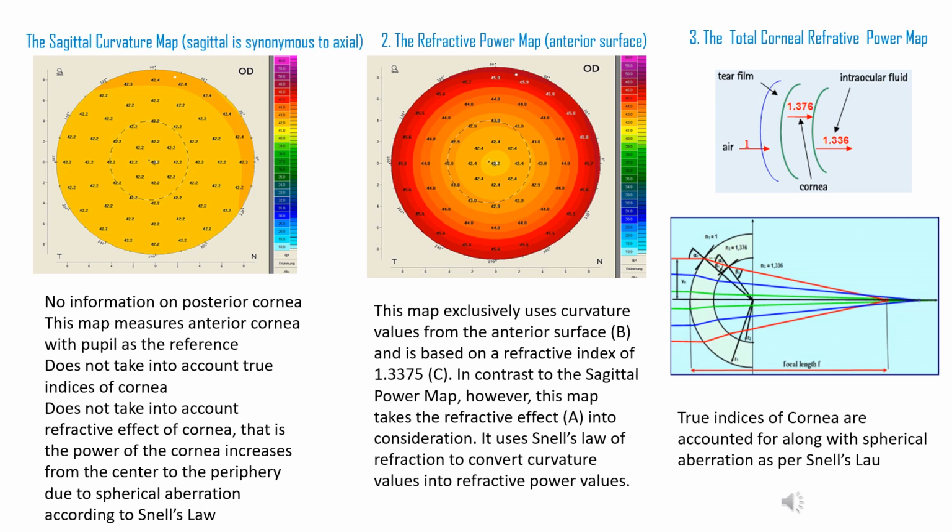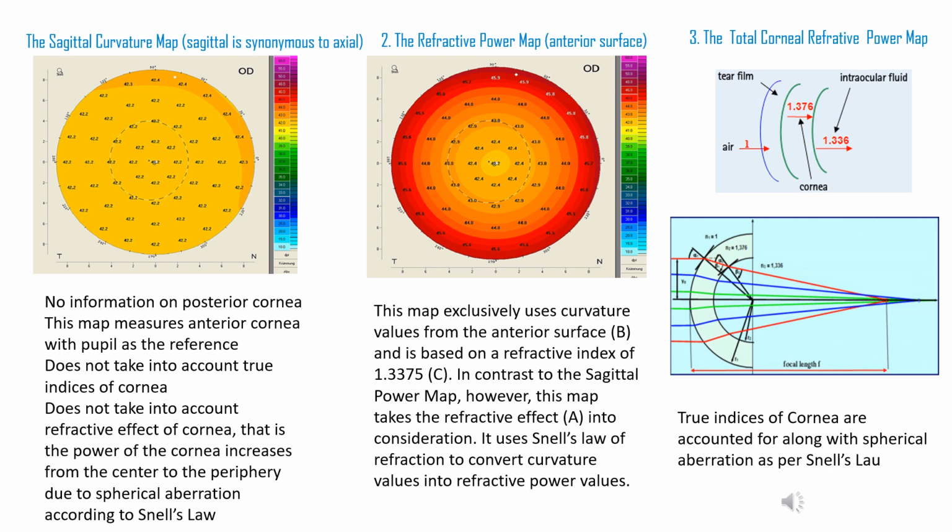The difference between the sagittal curvature map and the refractive power map is that as you move from the center to the periphery of these power maps, you will see that the power increases because of the spherical aberration. So this refractive power map takes into account the spherical aberration that happens, based on Snell's law. So the refractive power maps are anterior power maps based on the simplified corneal index of 1.3375, but they also take into account the spherical aberration.